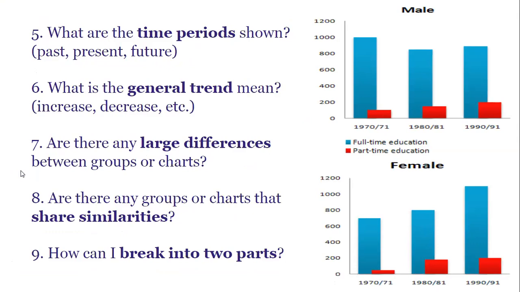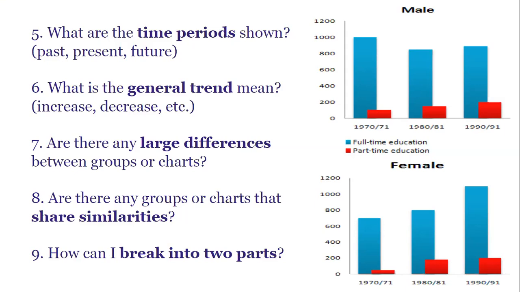The next thing is, what are the time periods shown? In our chart, we can easily see the time periods, the 70s, 80s and 90s are shown, and all of these are in the past only. So the general trend, we can find it out. Overall, in the enrollment of females, there is an increase in either full-time or part-time education.